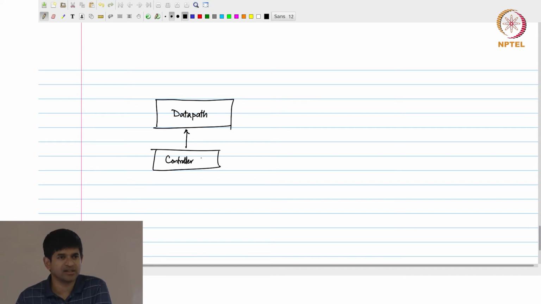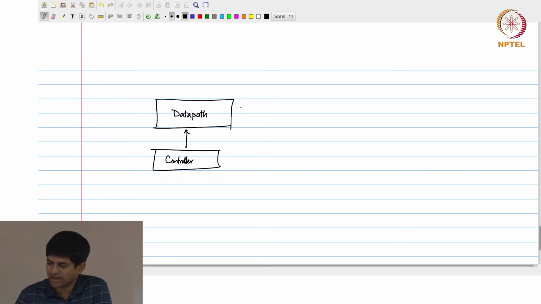It will be load signals, it will be start signals, it will look for ready or done signals from the data path and then decide what to do next. All the complexity, the decision making is hidden away inside the controller, and the data path just does simple arithmetic.